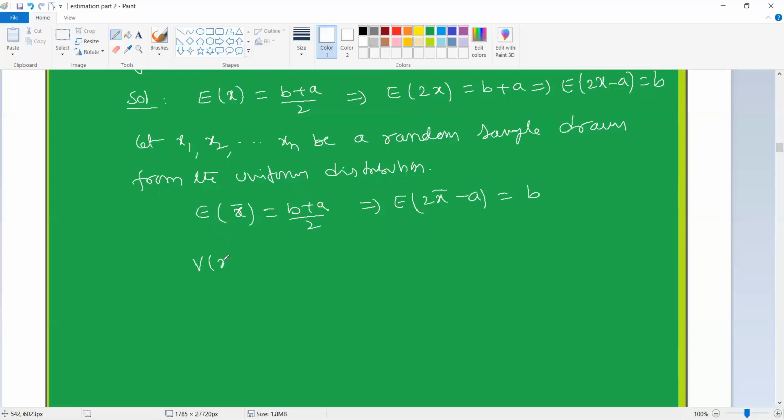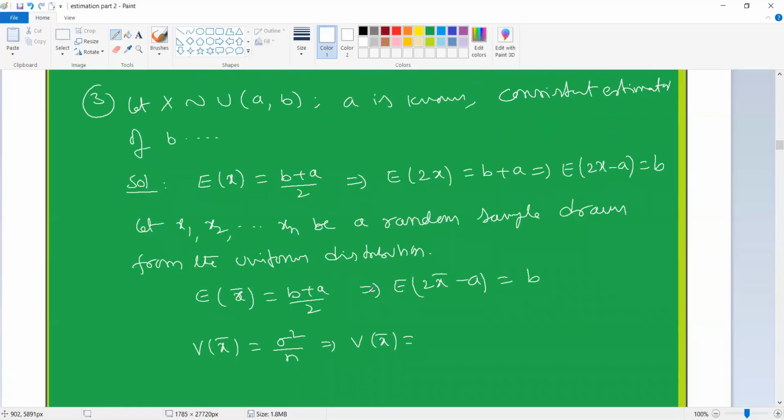Now variance of x bar, the formula is sigma square by n. For the uniform distribution, variance of x is B minus A whole square by 12.